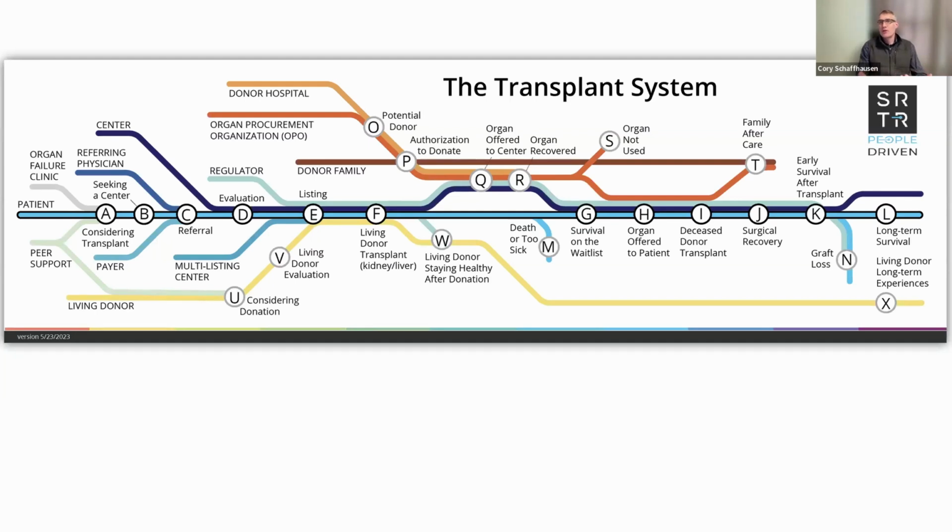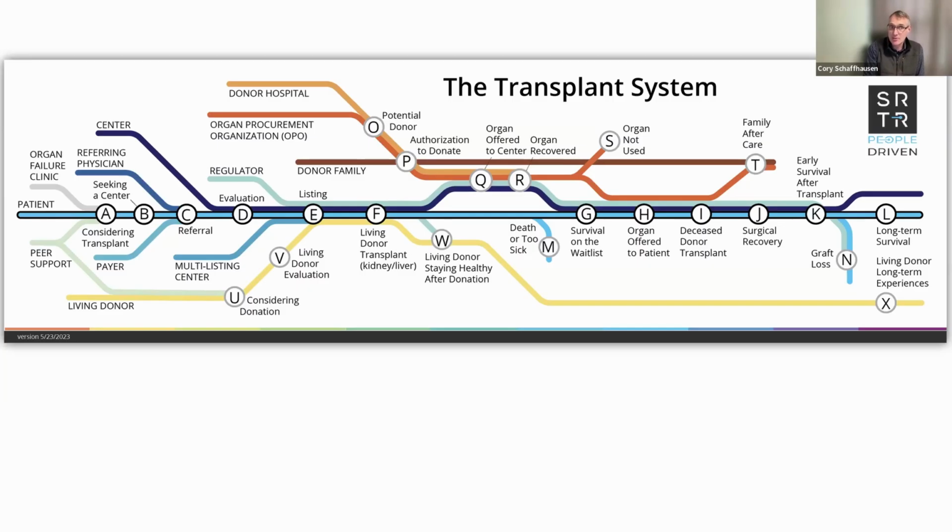This is meant to capture at a much more complete level the different organizations and milestones that are all part of both the patient and the professional activities that progress from a patient who has organ failure all the way through receiving a transplant, recovery, and long-term care after.